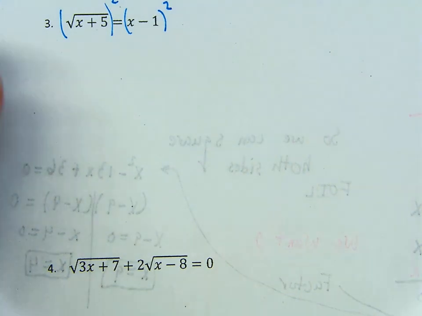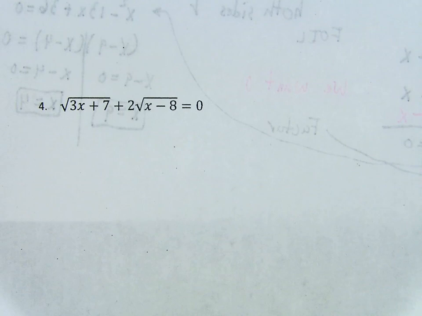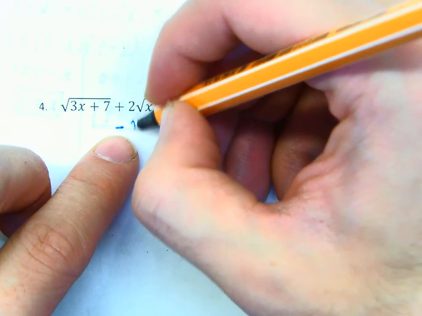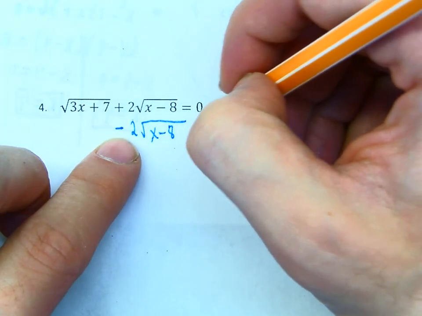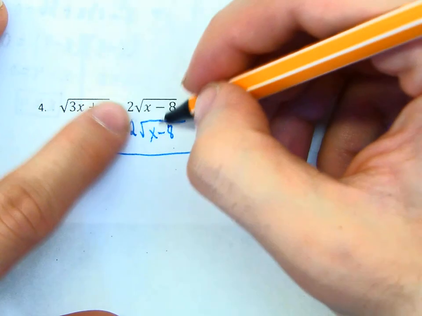For this one, what is the first move? It's a little tricky, but the idea is you want to subtract 2 radical x minus 8 on both sides. Okay? Because now, you see, you're allowed to do this.